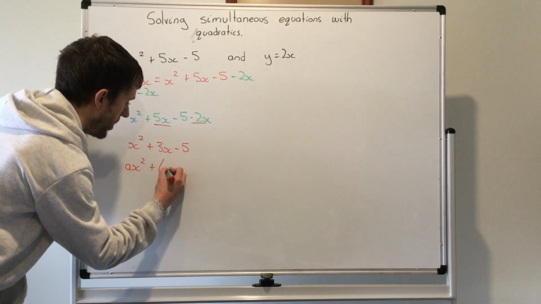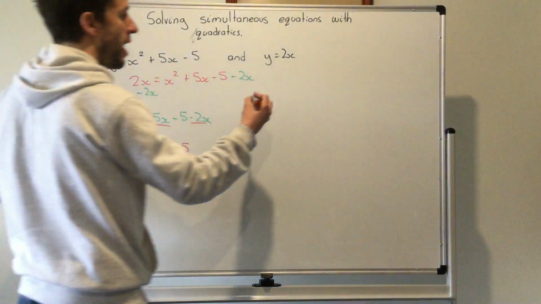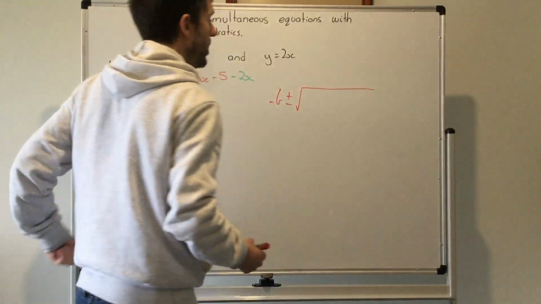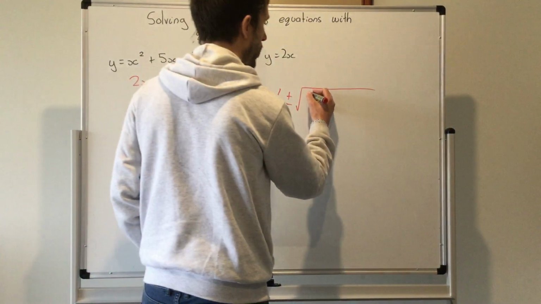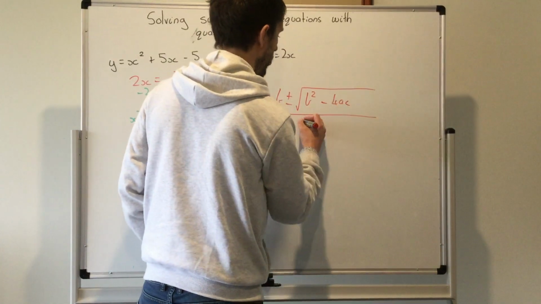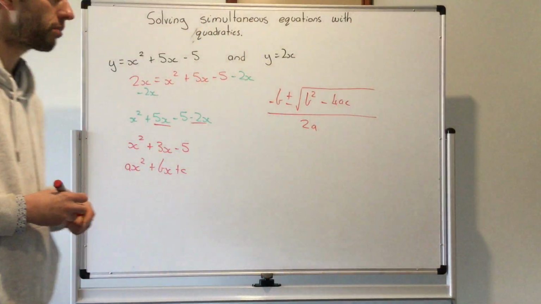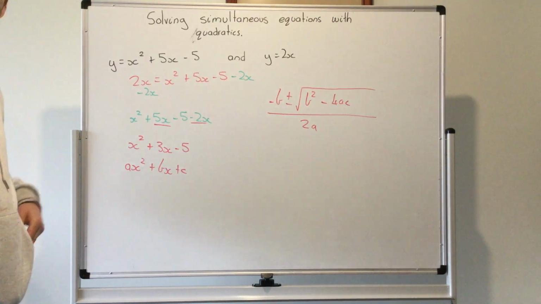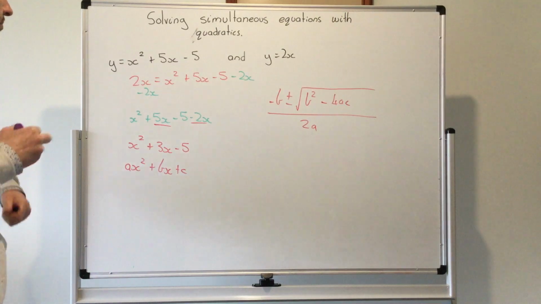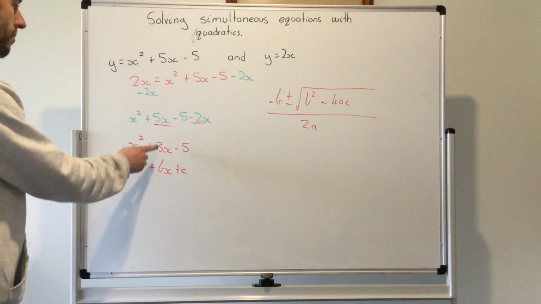So I'm just going to think that ax squared plus bx plus c, and I'm using the formula that I've proved of negative b plus or minus the square root of b squared take 4ac over 2a. And then I just need to substitute everything into this equation.